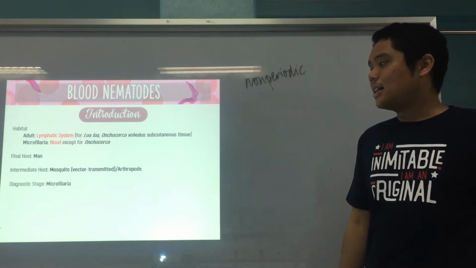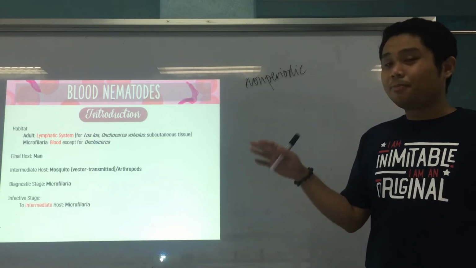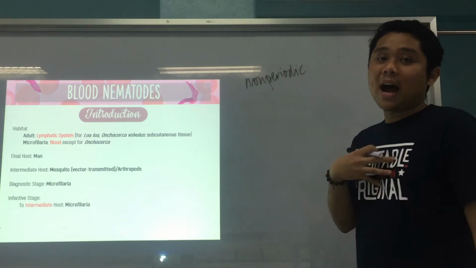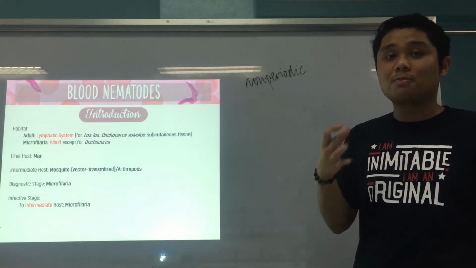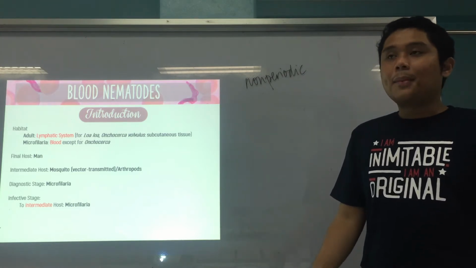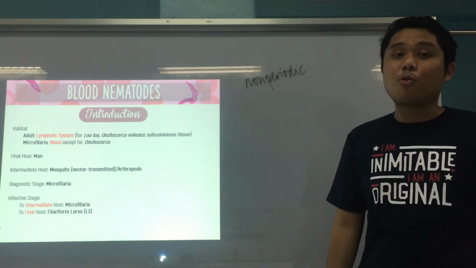The diagnostic stage is the Microfilaria, and the infective stage to the intermediate host, meaning the mosquitoes, is also the Microfilaria. When the mosquitoes or arthropods bite us, what they get is the Microfilaria, but the infective stage to humans is the filariform larva.